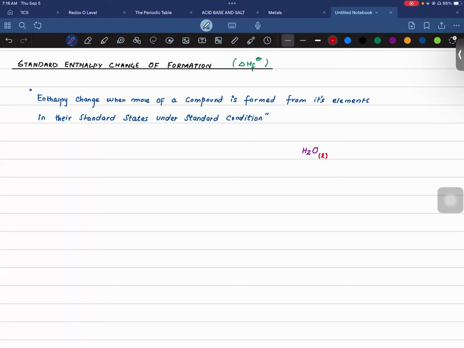So when I would be forming water in liquid, I need to have hydrogen gas.